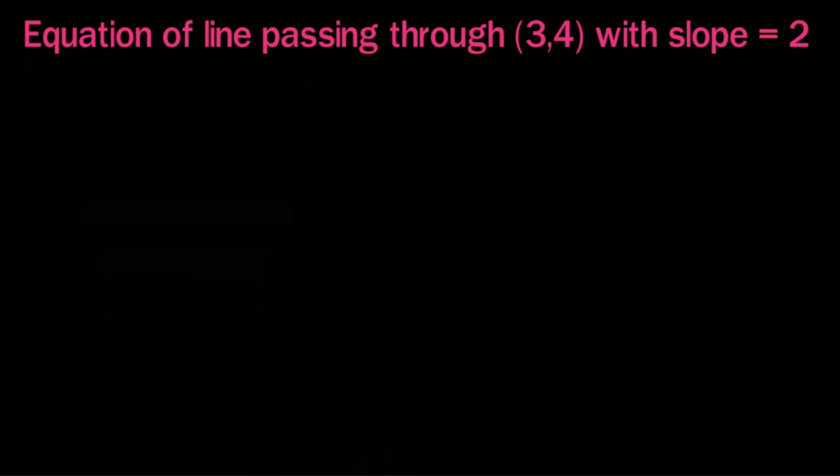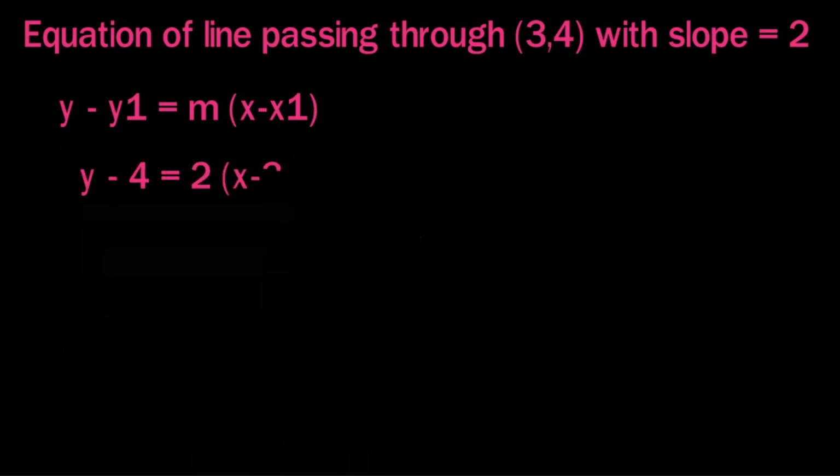To find the equation of the line, we always remember this formula: y minus y1 equal to m bracket x minus x1. Here y1 is 4, the slope is 2, and x1 is 3. So y equal to 2x minus 6 plus 4. So y equal to 2x minus 2. This is the answer.